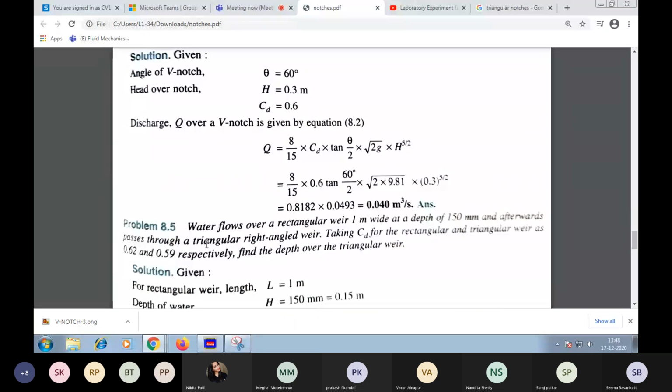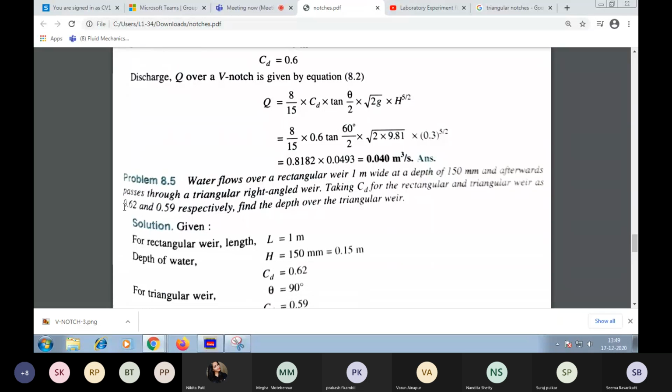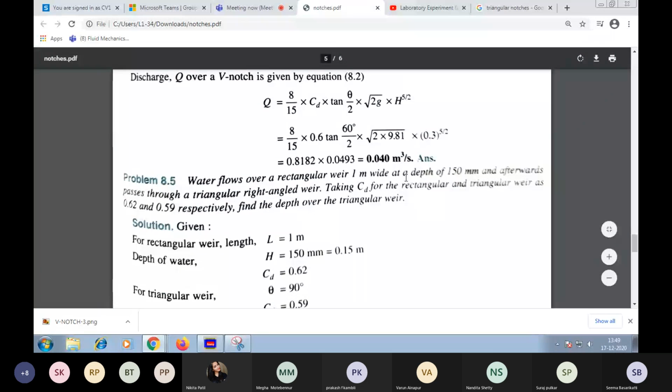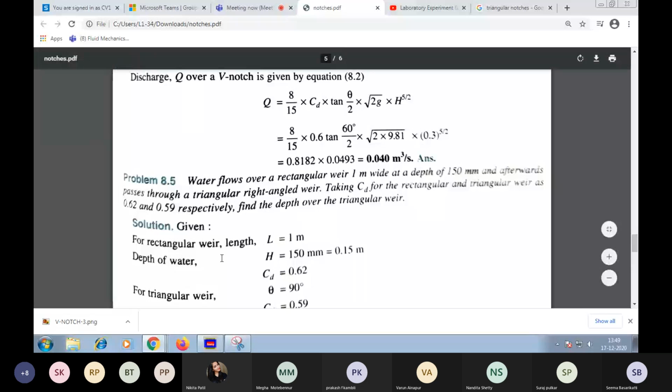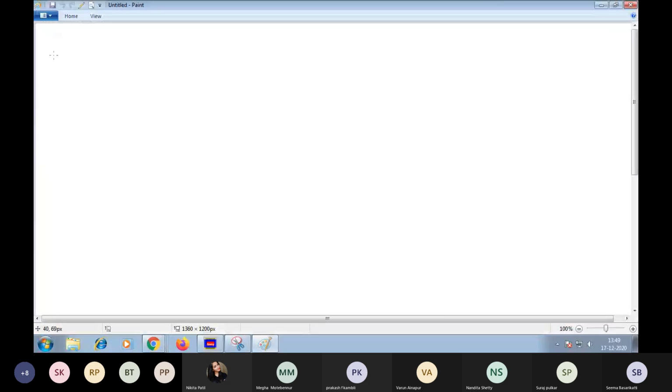passes through a triangular right angled weir. Take CD for the rectangular and triangular weir as 0.62 and 0.59 respectively, and find the depth over the triangular weir. In this particular problem, there are two types of weirs.